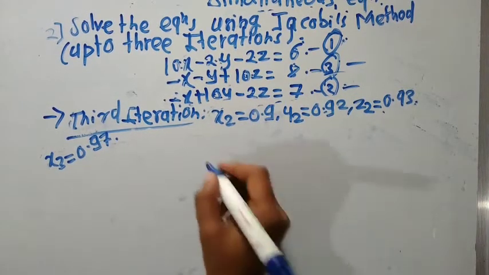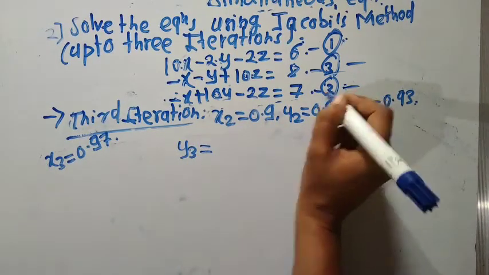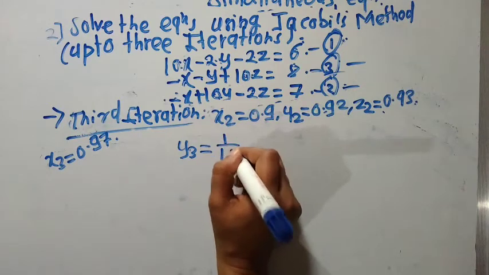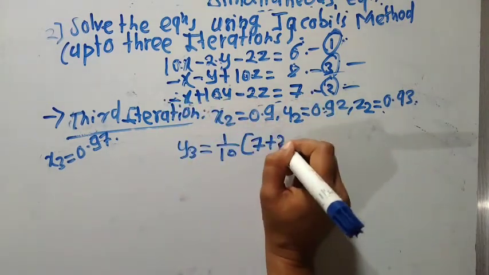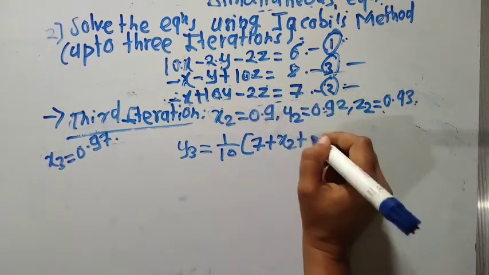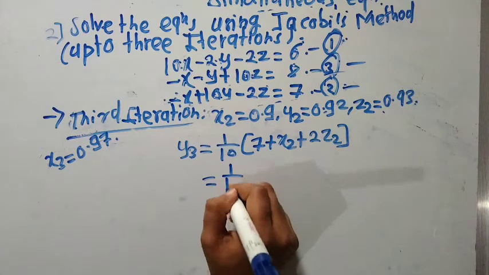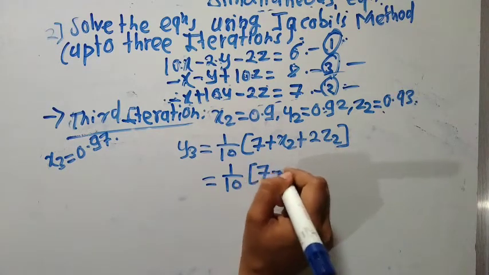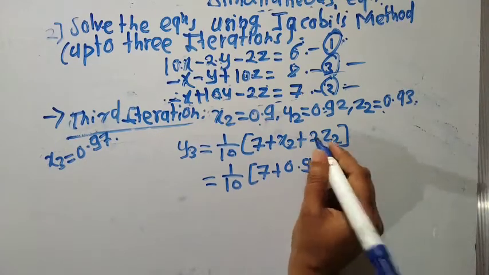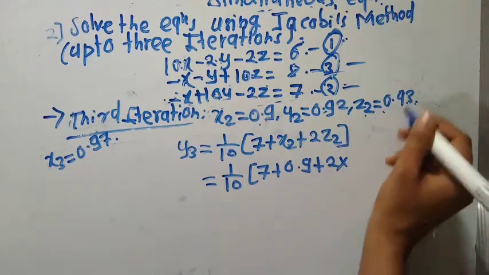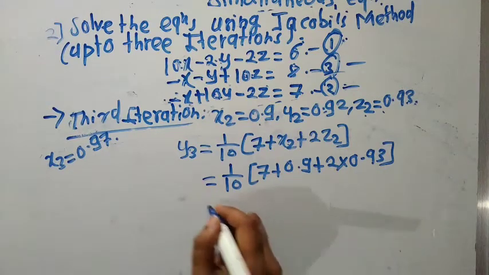Then find out y3. So y3 is equal to, from the second equation, 1 by 10, 7 plus x2 plus 2z2, which is equal to 1 by 10, 7 plus x2 means 0.9 plus 2 into z2 is 0.93.